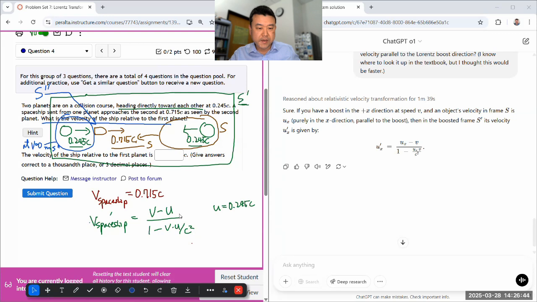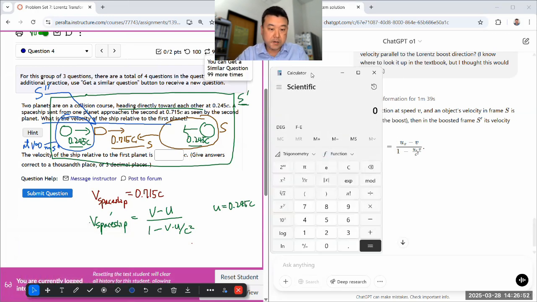Yeah, I'm using V and U differently than ChatGPT. It's fine. So let me do this calculation on a calculator. I'm going to do 0.715 minus 0.245 is equal to that, divided by parenthesis 1 minus, I think minus is right, 0.715 times 0.245.